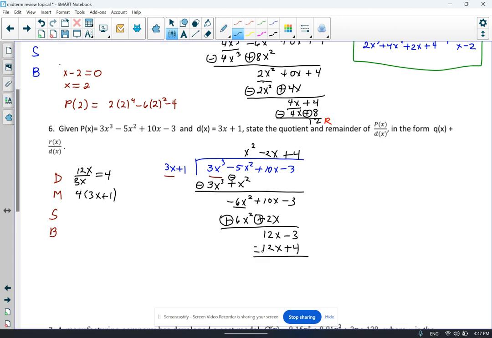I change the signs, and I get negative 7. So my final answer, again in proper form, here's my quotient, here's my remainder, here's my divisor, is x squared minus 2x plus 4 plus, or you can write minus because you're subtracting, 7 over the divisor.